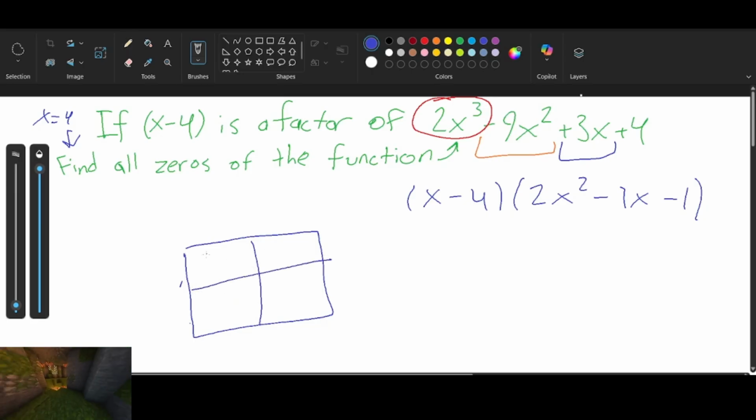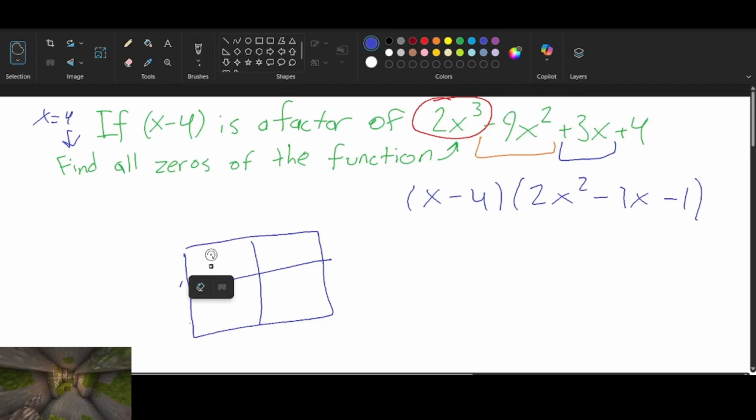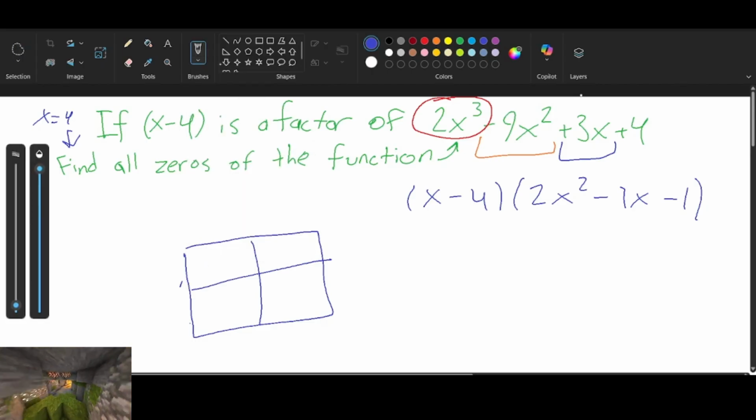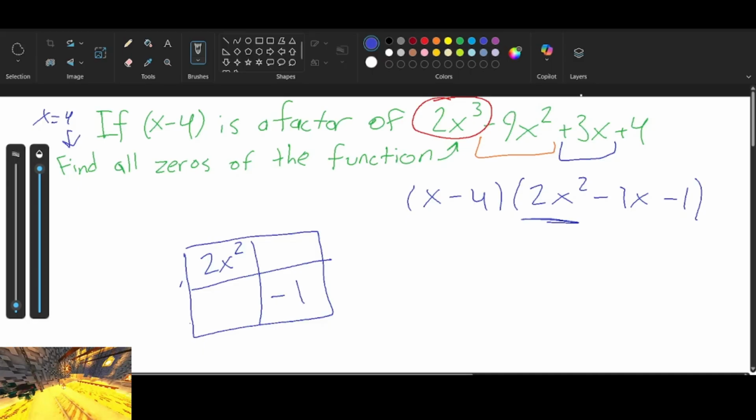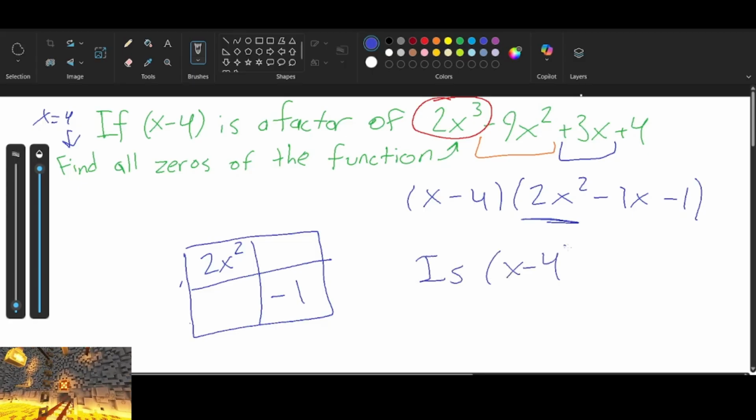I know that I have 2x squared in my top left, right? I'm always putting my highest exponent in the top left. And then I know I have negative 1 in the bottom right. The only time that we're not putting the number in the bottom right is if the question is posed as, like, is x minus 4 a factor, right?